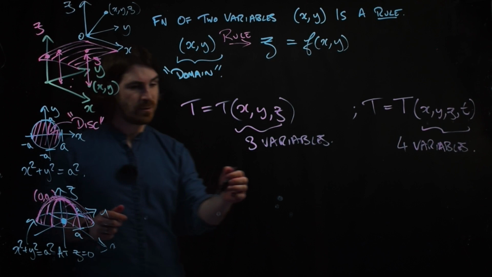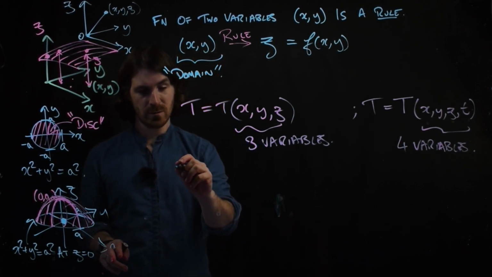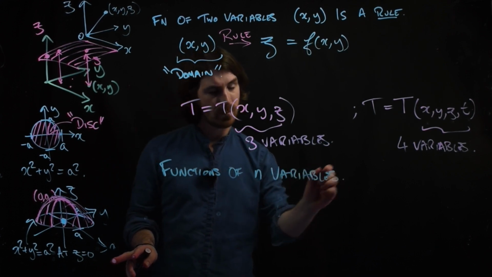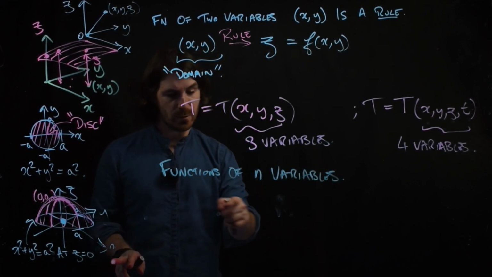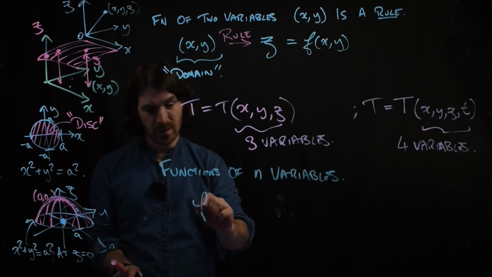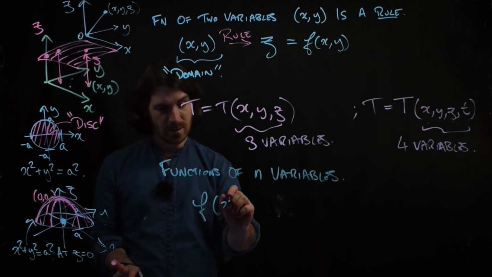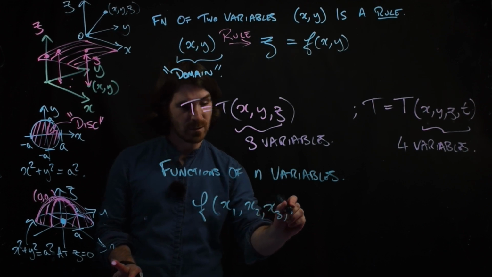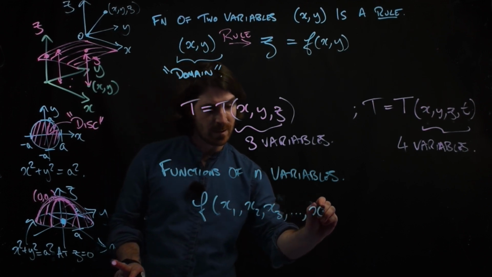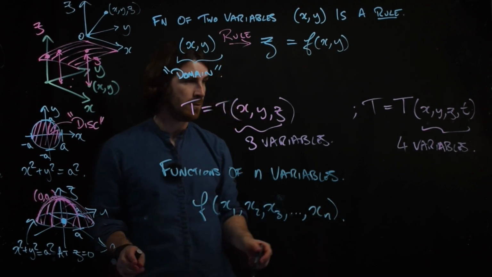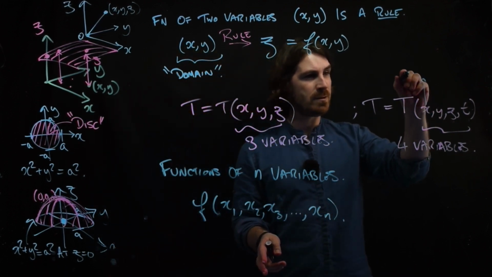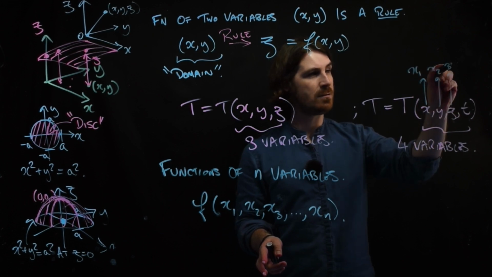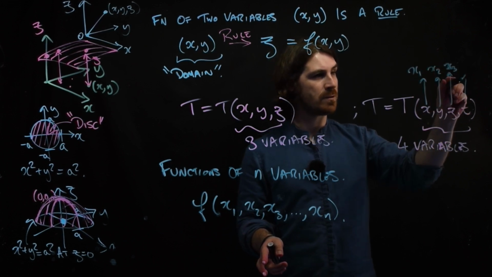Okay, we're going to think generally about functions of n variables, and we're going to write each of the variables as x1, x2, x3, and so on, up to xn. So here, this is x1, this is x2, this is x3, and this is x4.